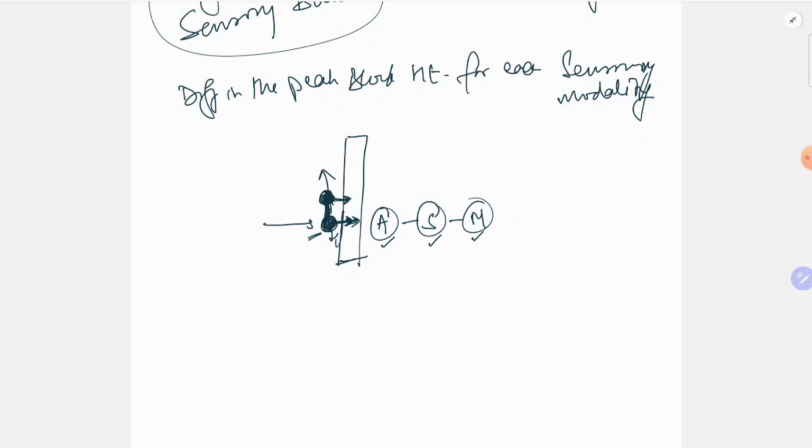Here, autonomic is blocked, sensory is blocked, but the motor is still left. Then this drug will keep moving upwards, and here it has blocked only the autonomic, while sensory and motor are still left.